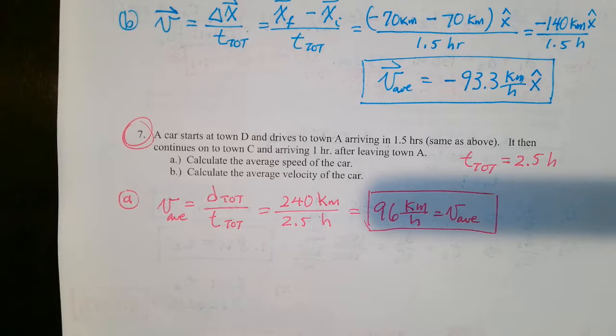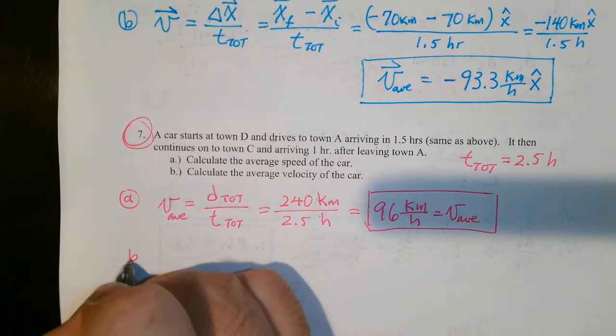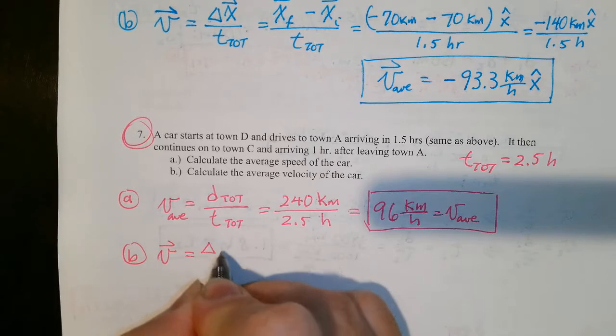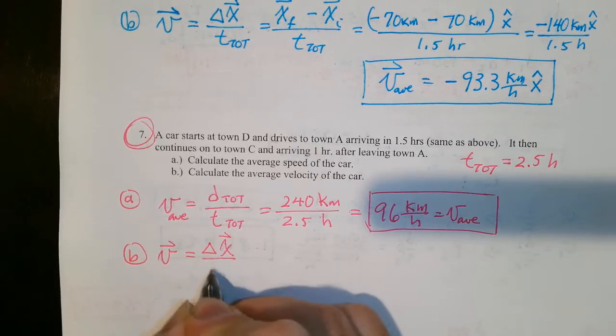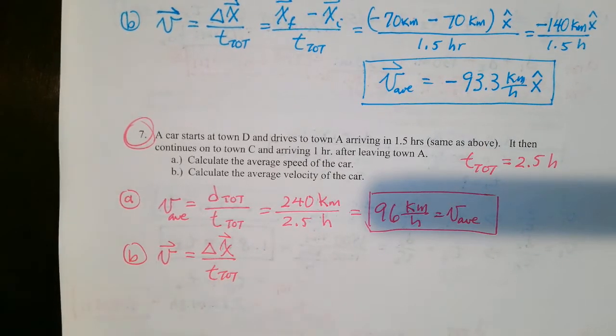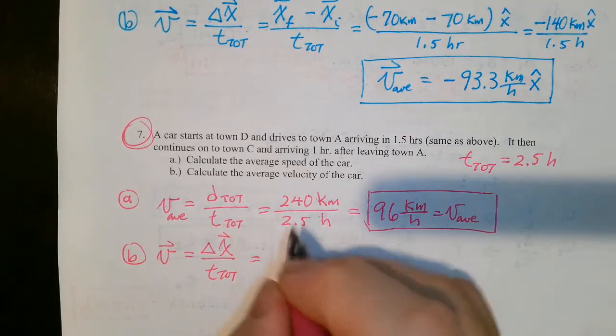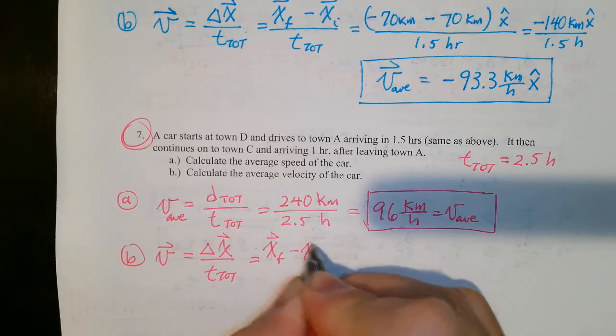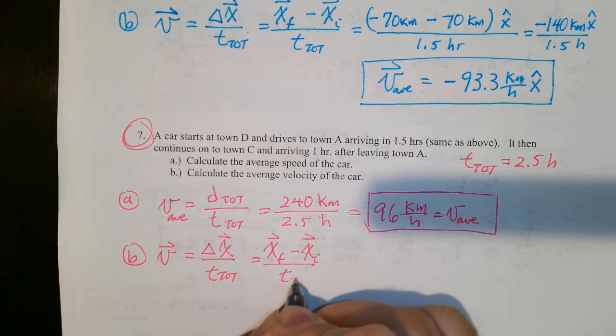However, for average velocity, we're looking for the change in position over t total. Therefore, position final minus position initial divided by t total is what we're looking for.